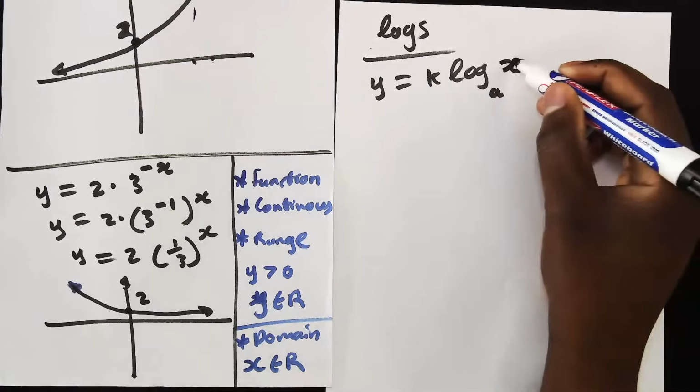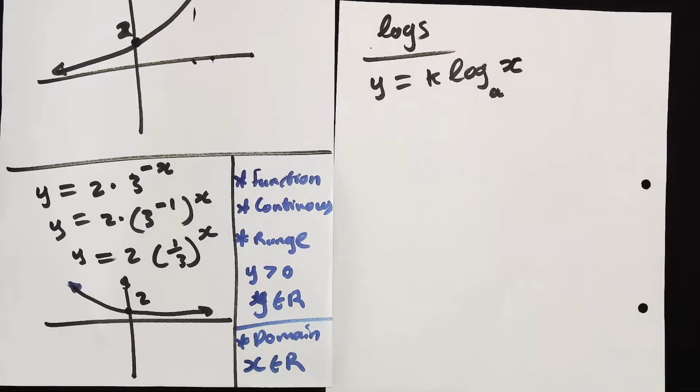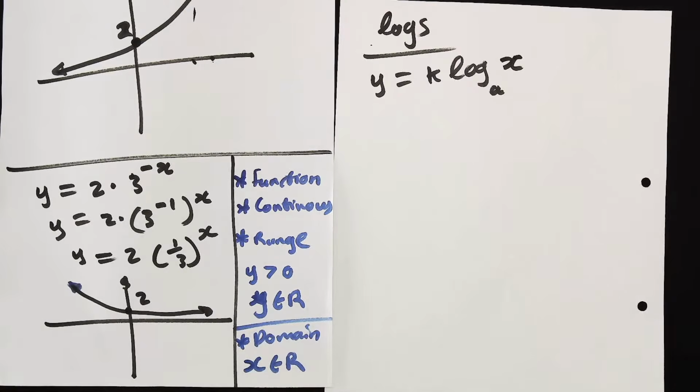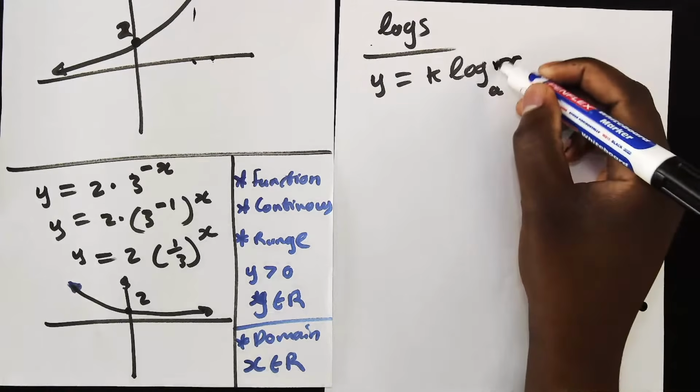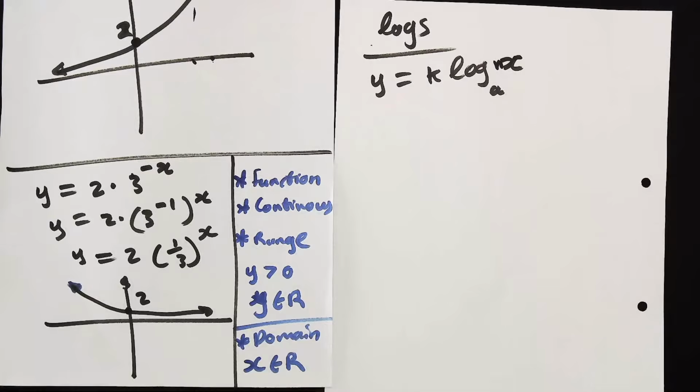Again, this x can be multiplied by any coefficient. We can have n times x, because the coefficient of x can change there, or the function inside the log can change.